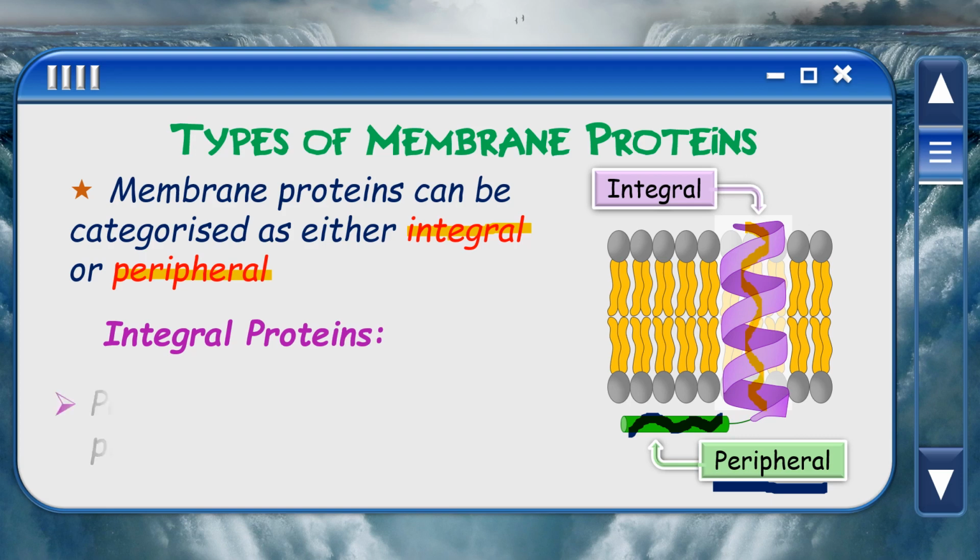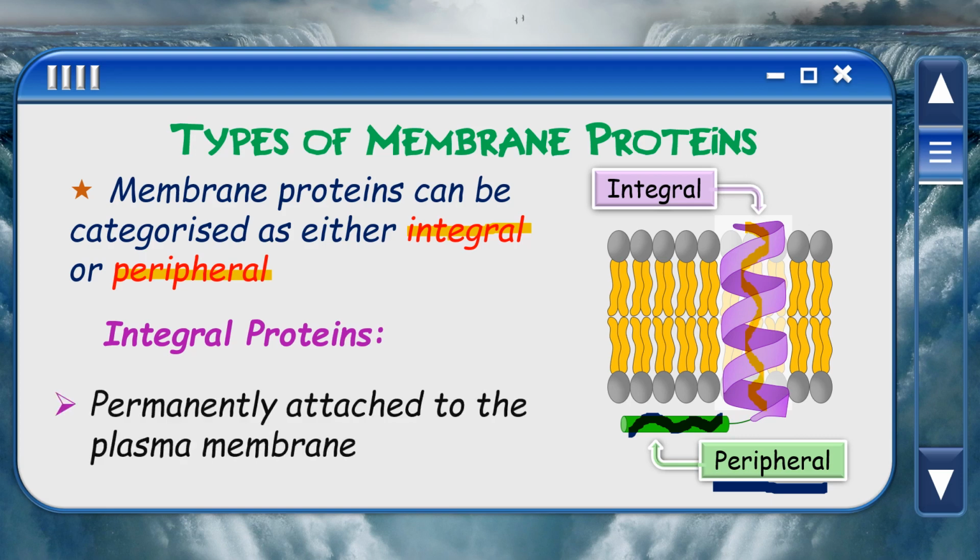Integral proteins are permanently attached to the plasma membrane, like the way we are seeing it here. This is an integral protein. It is permanently attached to the plasma membrane.